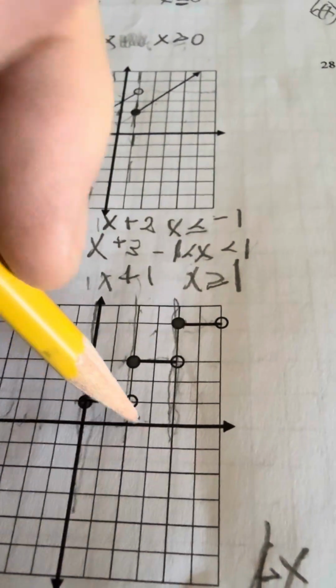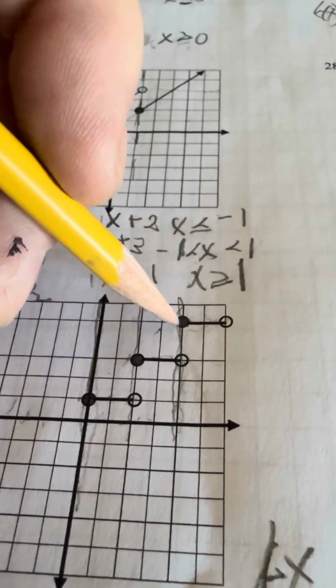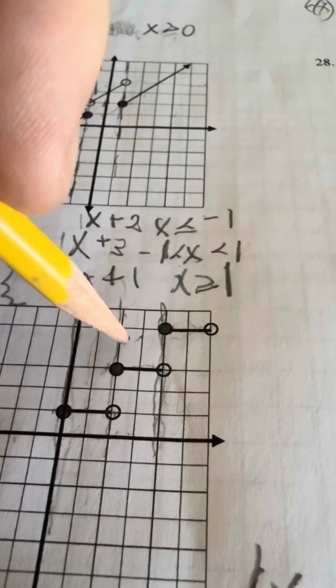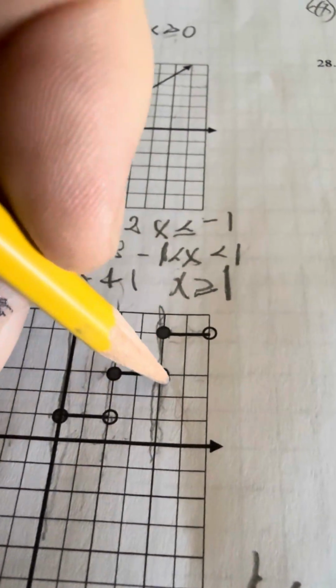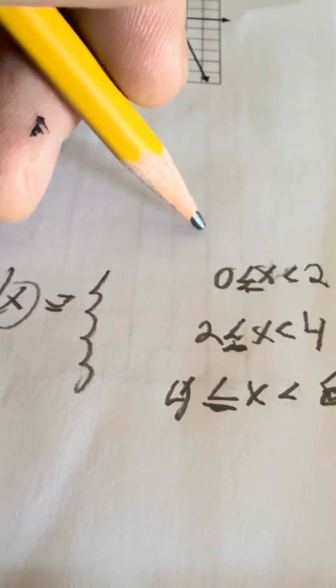And then the next one was from 4 to 6, including the 4, because 1, 2, 3, 4, that part has the dot. Notice it's an open and closed, open and closed. So this is a function because we can make a vertical line anywhere in here and it only touches 1 point. Okay. And that's our domain for each little piece.